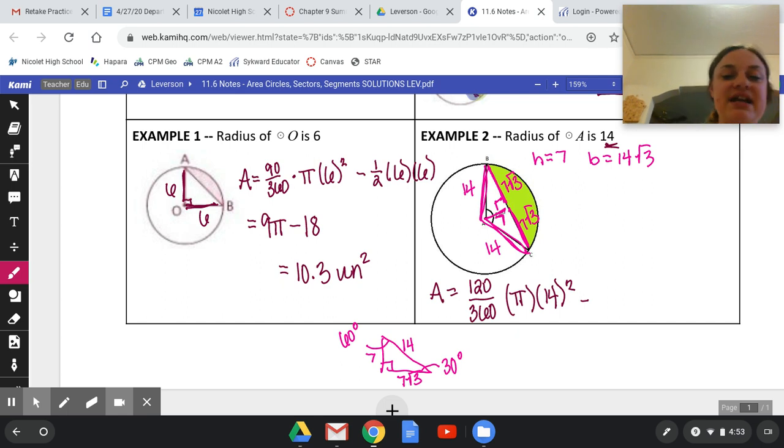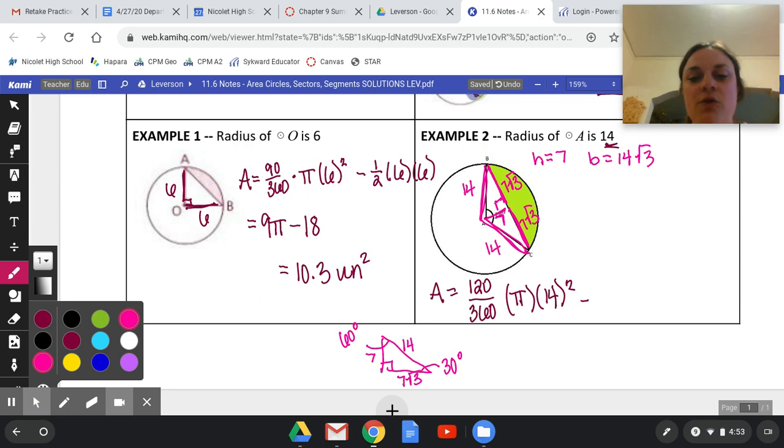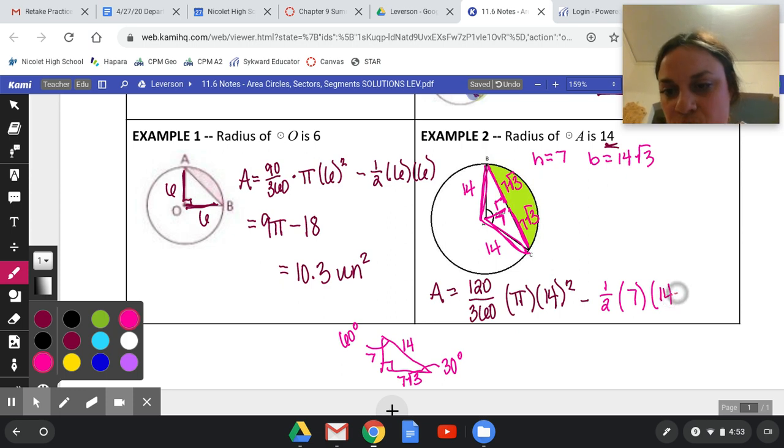Okay, so if I fill it into my formula, now I've got 120 over 360 times pi times 14 squared minus 1/2 times base. My base is 14 root 3. My height is 7, but order doesn't matter in multiplication. So 1/2 times 7 times 14 root 3.